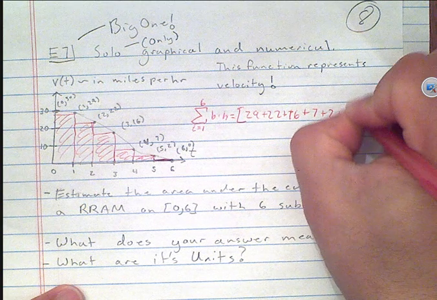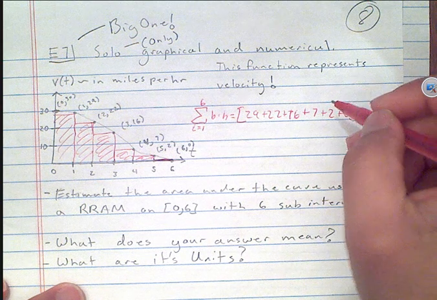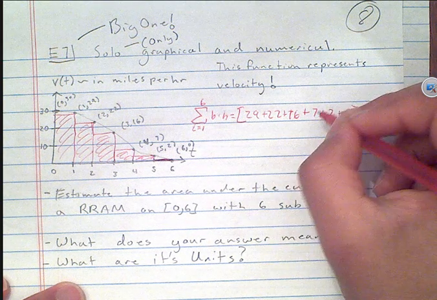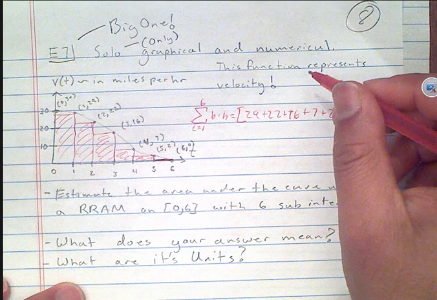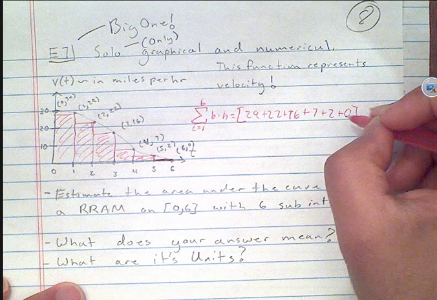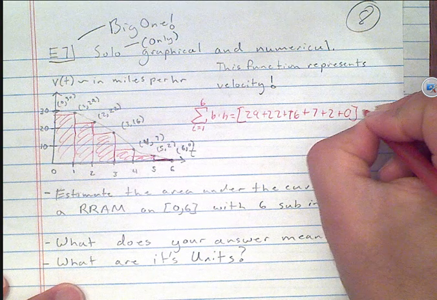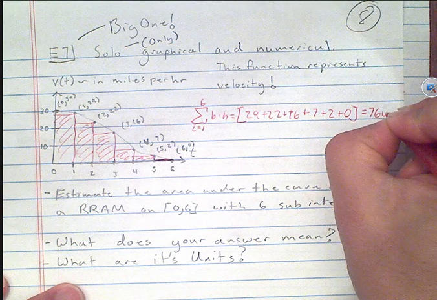So 29 and 22 make 51, and 16 make 67, and 7 make 74, and 2 make 76. So it equals 76 units squared.